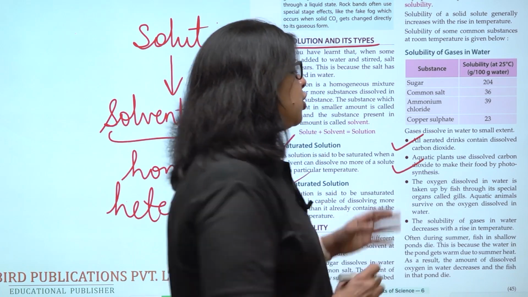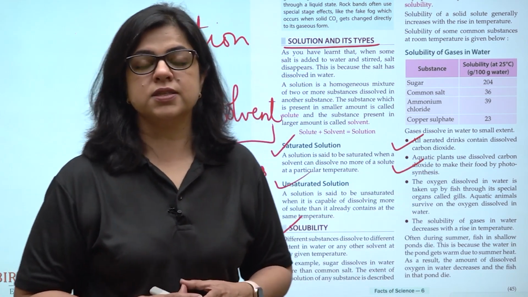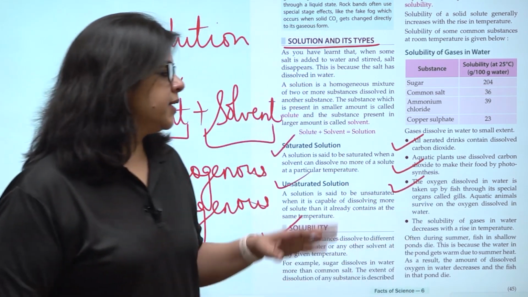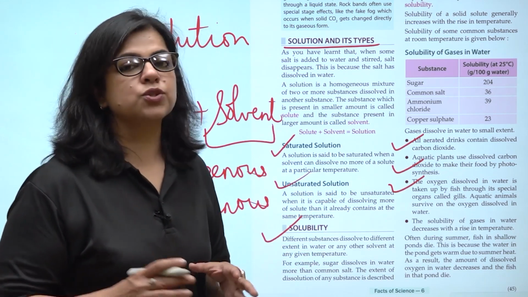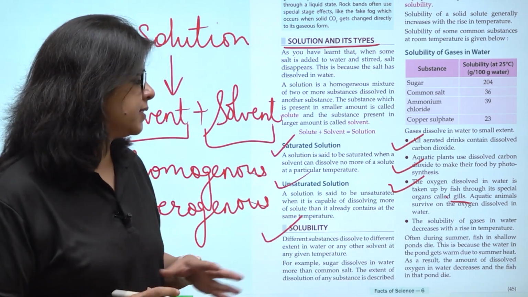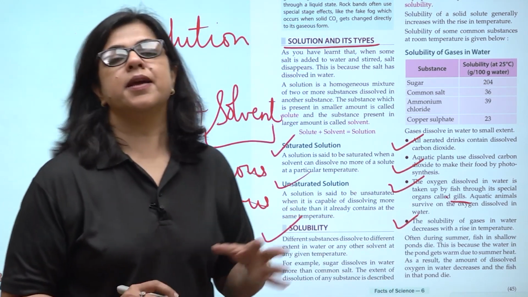Aquatic plants use dissolved carbon dioxide to make their food by photosynthesis, and the oxygen dissolved in water is taken up by fish through its special organs called gills. The solubility of gases in water decreases with the rise in temperature.